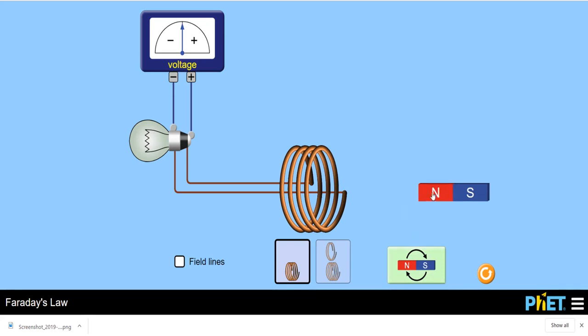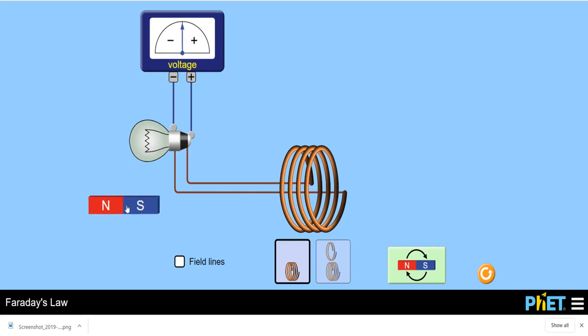If I move it towards this coil, keeping the north pole facing this coil, then you see the deflection direction is to the left side. You observed it. And when I move this away, then see the deflection. Initially it was left, here it is in right. When it is moving away, it is a right deflection.